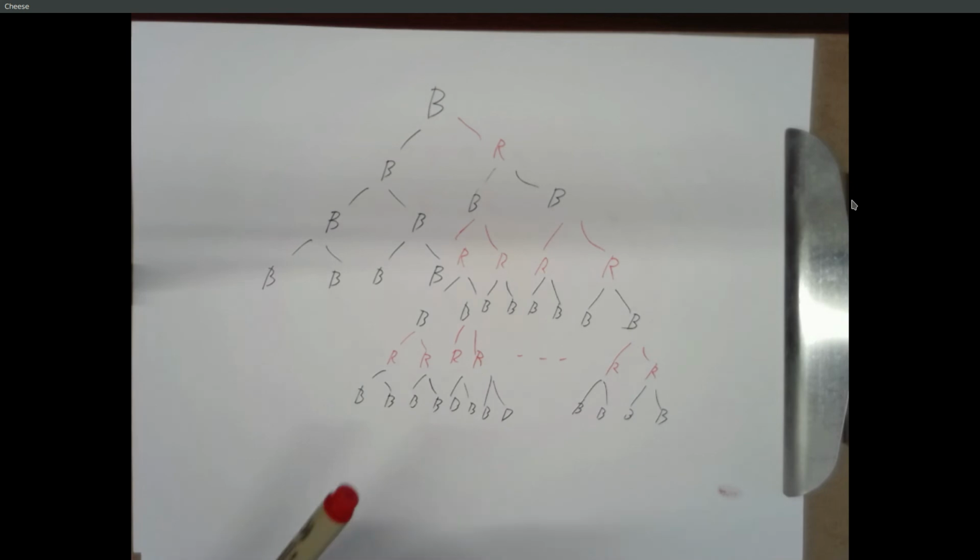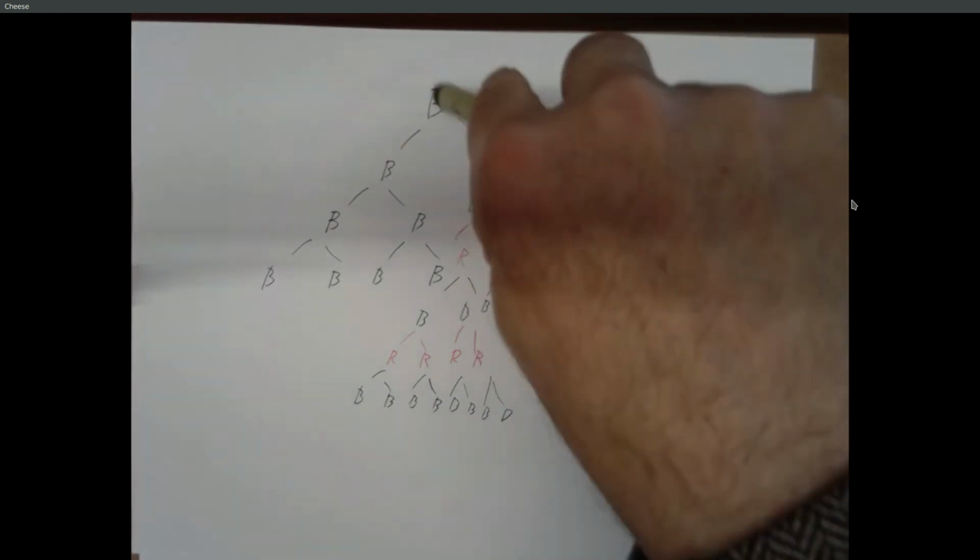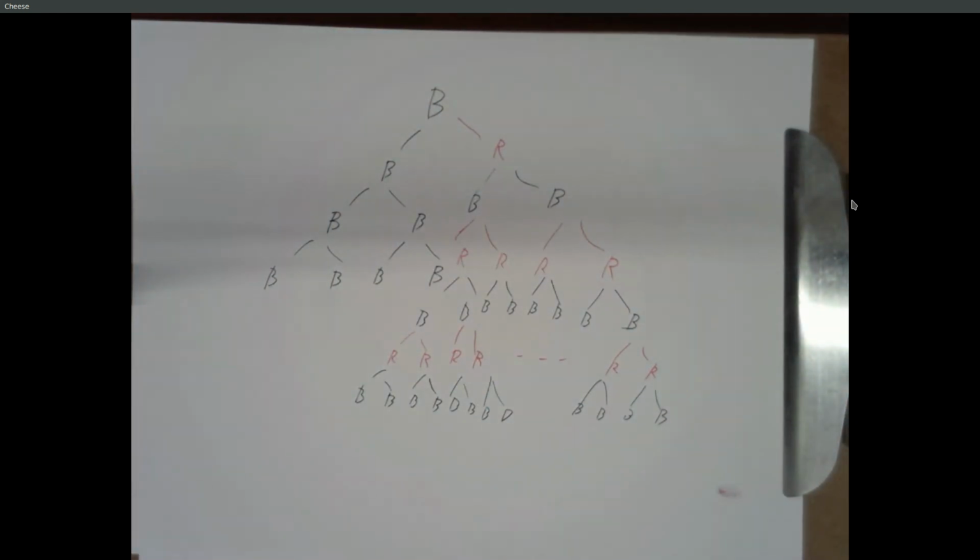How did I do? 1, 2, 3, 4, 1, 2, 3, 4. Red nodes have black children. Black height of the tree looks like 4. All the leaf nodes have a black depth of 4. This is a red-black tree.